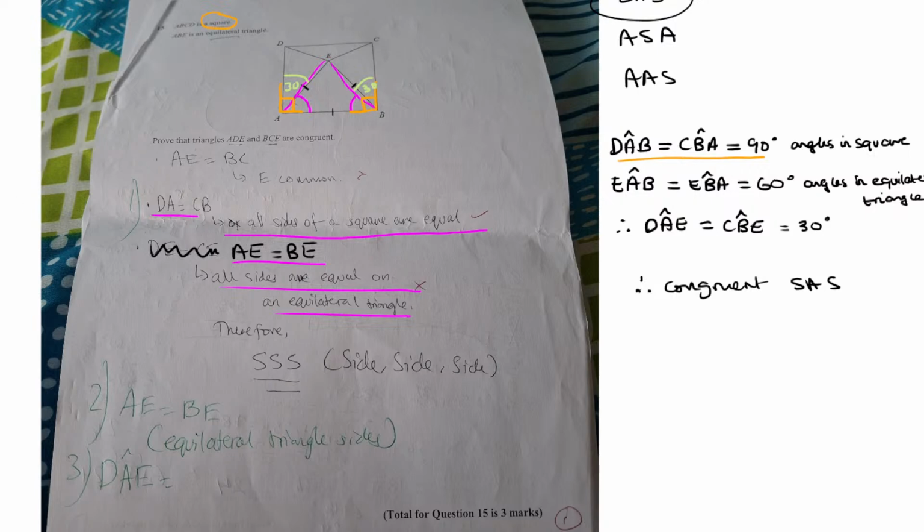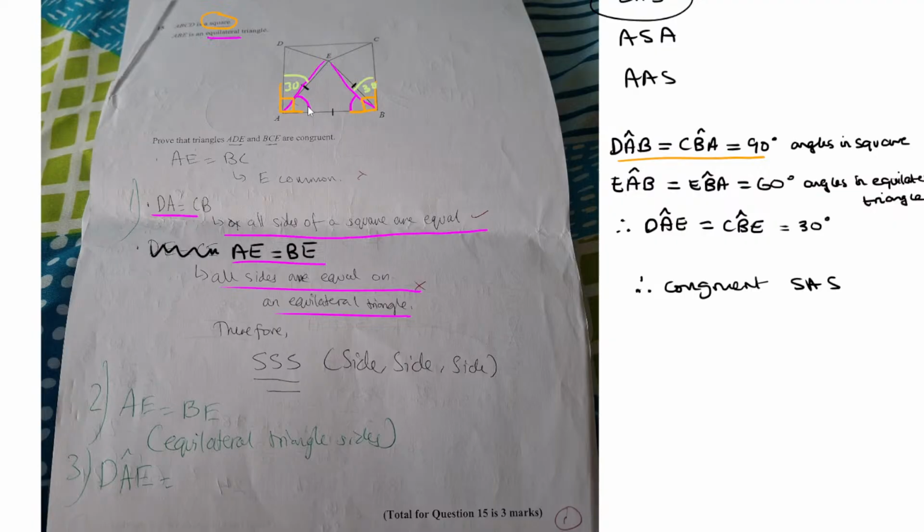That's the first bit. The pink bit is then looking at the equilateral triangle. They told us it was an equilateral triangle, this one here, ABE, they called it ABE. Now, if it's an equilateral triangle, not only are all the sides the same, but also all the angles are the same. Triangles add up to 180 degrees, so divide that equally by 3.